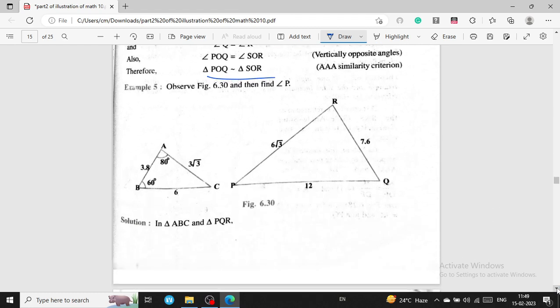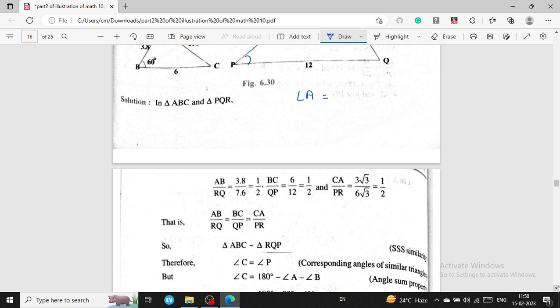In the next question, we have to find angle P. Where is angle P? This is angle P. In triangle ABC and triangle PQR, first of all you have to write angle A is equal to angle A. First of all you have to write AB over RQ.